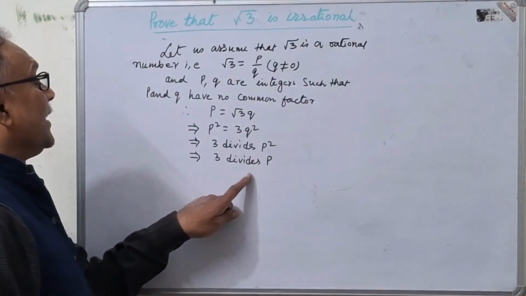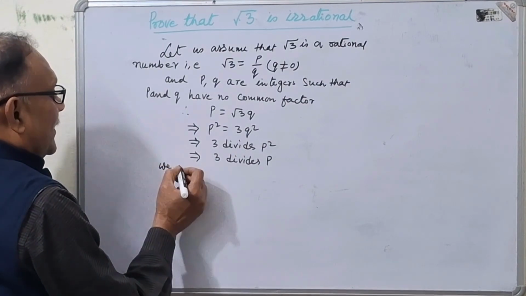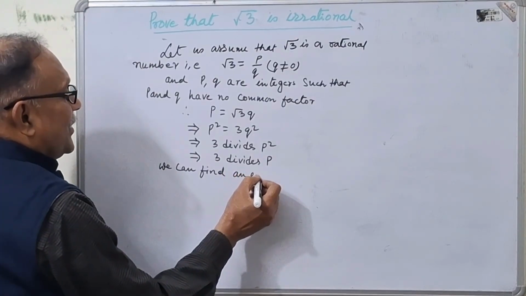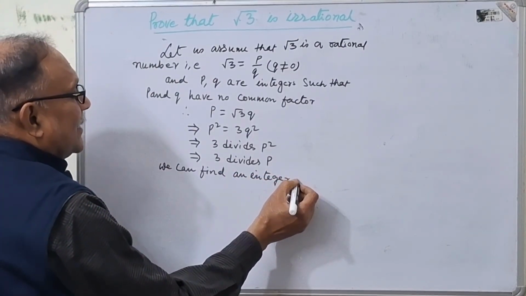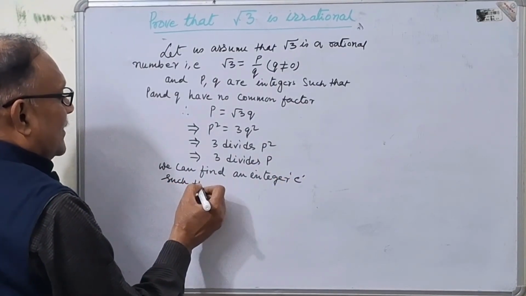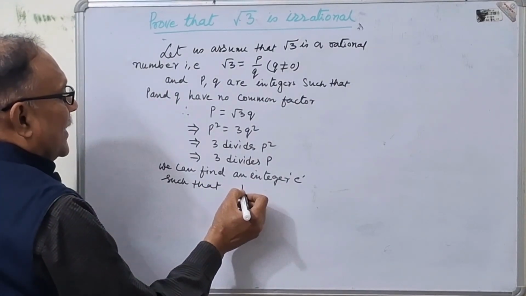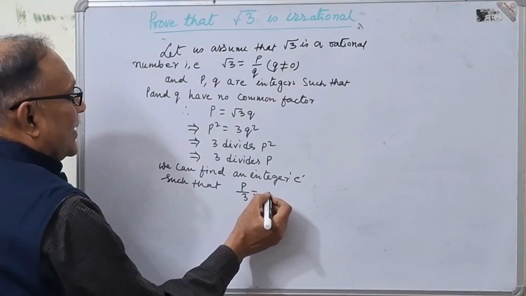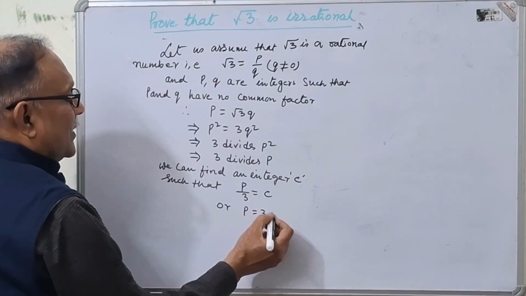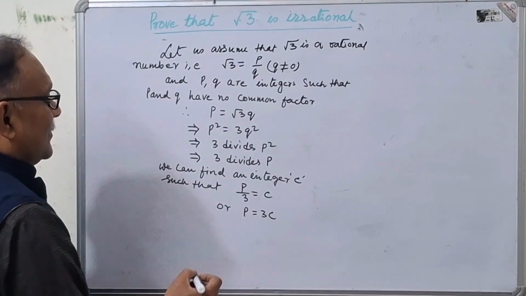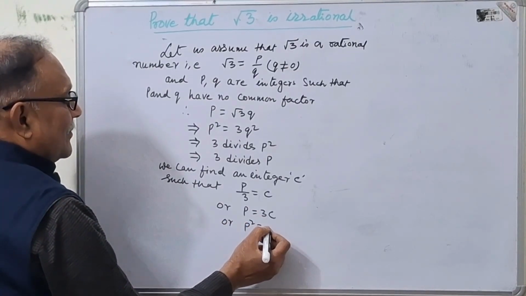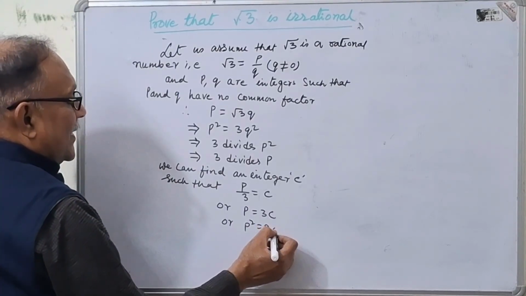So if 3 divides P, we can find an integer C such that P by 3 is equal to C, or P equals 3C, or P square is equal to 9C square.